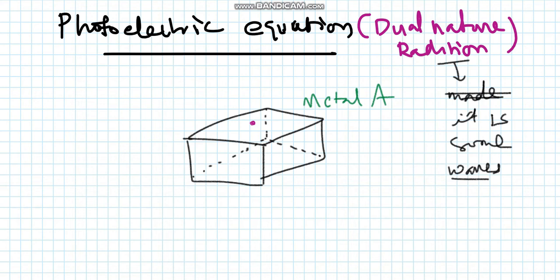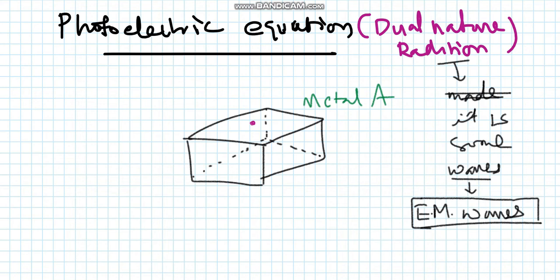In fact, it was later found out that it was waves in the electromagnetic field, so that's why they were called electromagnetic waves. Light propagates as disturbances in the electromagnetic field. This was a well established experimental as well as theoretical research that went on for around 100 years, since the time of Gauss to Maxwell.